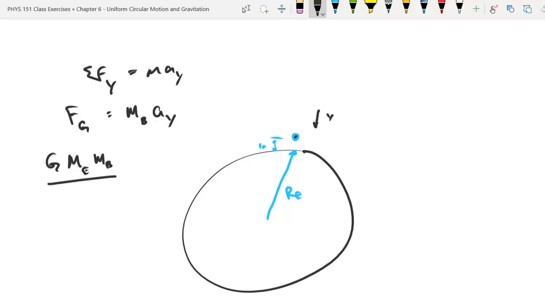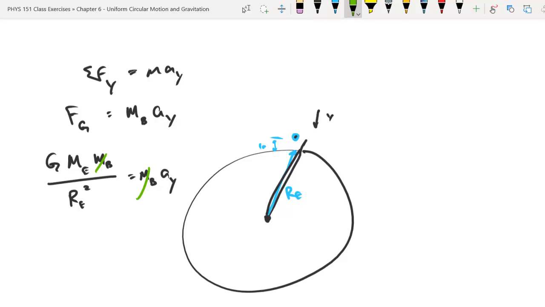And let's just say here that this distance, we have the radius of the Earth plus a meter. That's effectively just the radius of the Earth. So let's just say it's the radius of the Earth. So divided by the radius of the Earth squared equals the mass of the ball times the acceleration in the y direction, right? And then again, the mass of the ball cancels out.